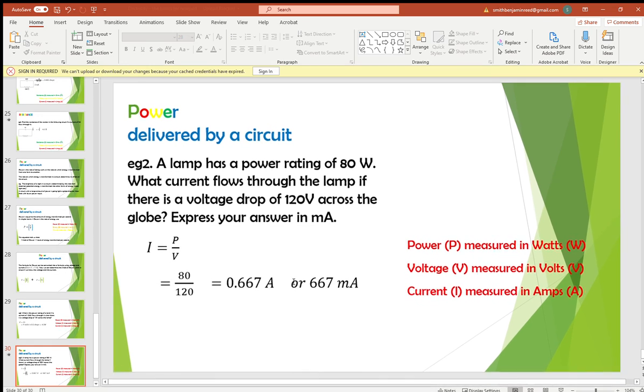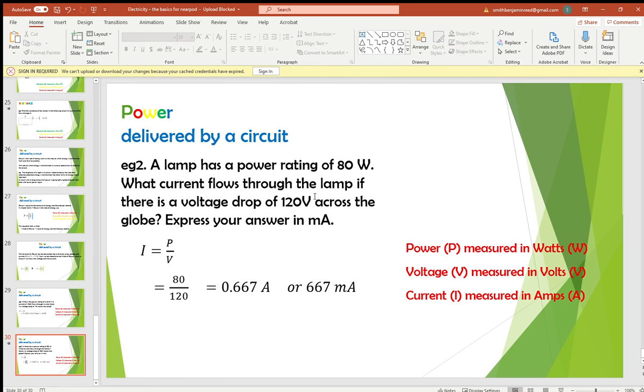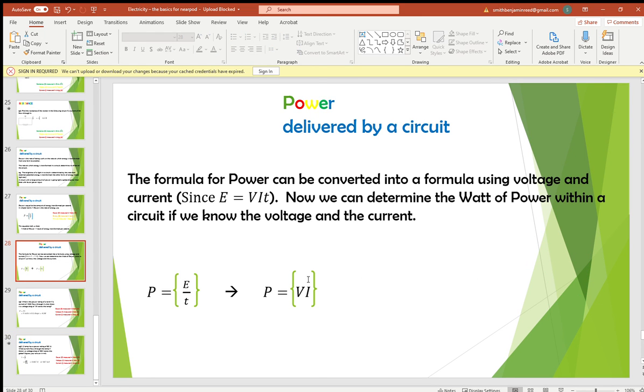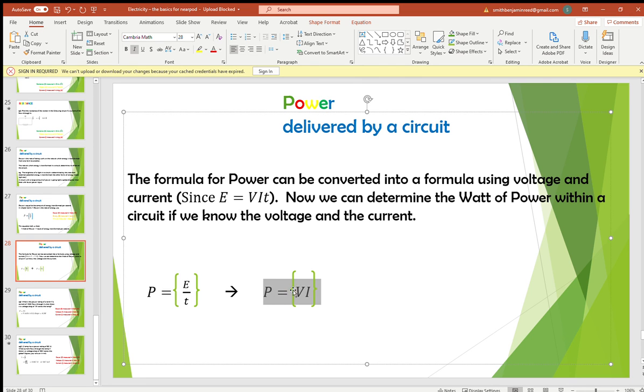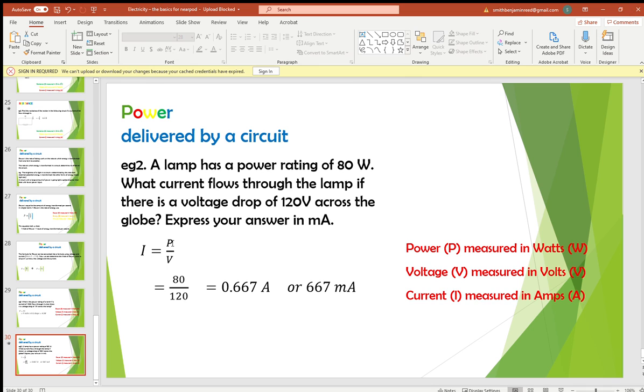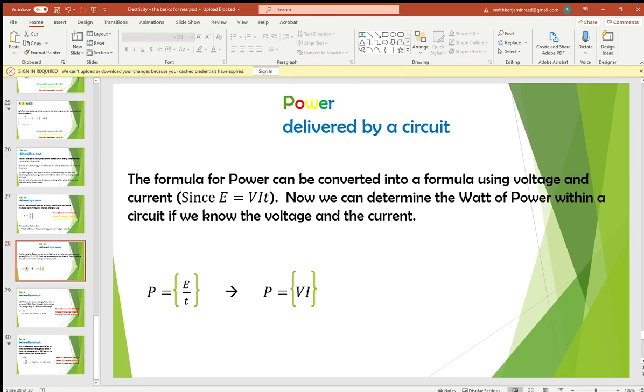Of course, if you have the wattage or the power and you have the volts or the voltage in the circuit, we can actually backtrack to our current instead. So all we have to do is rearrange this formula here. Our power equals voltage times current, and if we want current instead, we just take our voltage to the other side by dividing both sides by voltage.